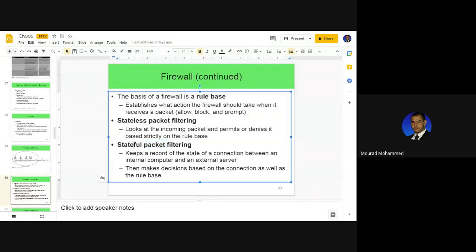The stateful packet filtering has a characteristic which is to save and record, to generate a log history of what happened. That means what flows are passing, what is being sent and received; there will be a copy of that.